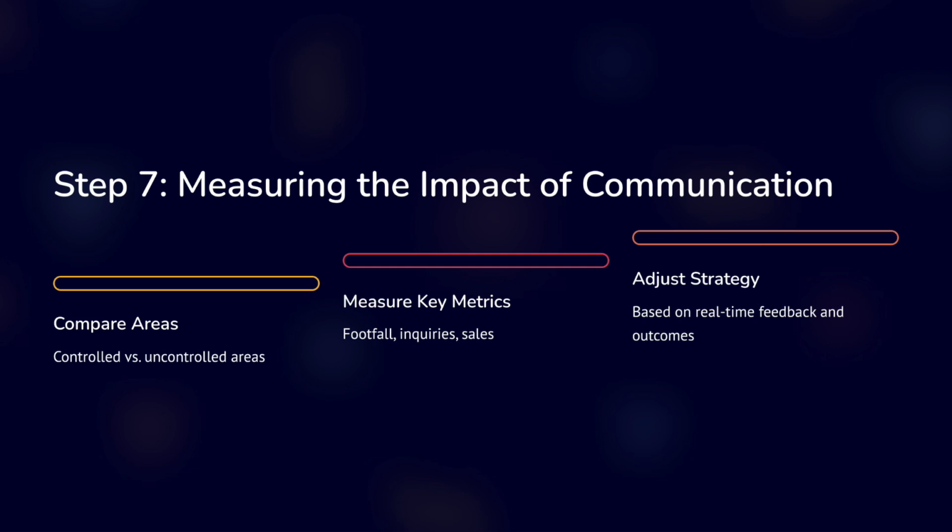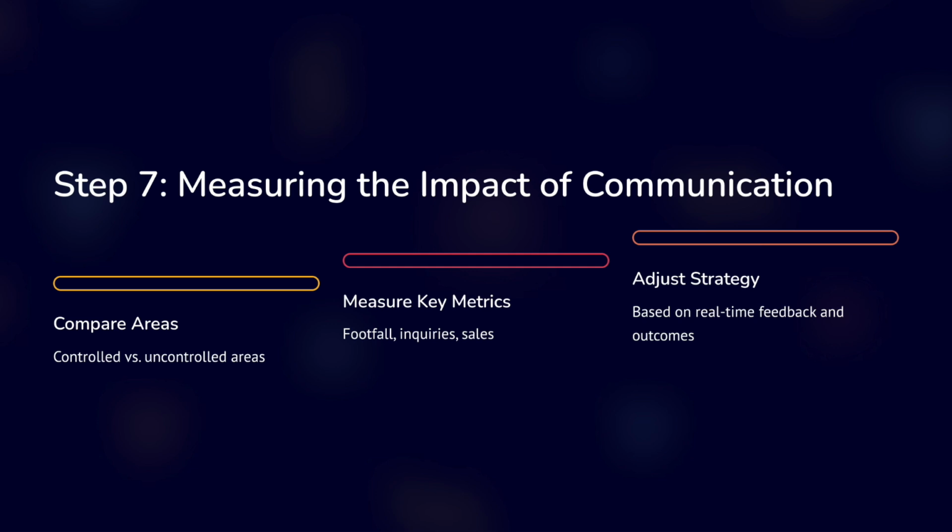A controlled area refers to locations where the marketers have actively implemented their communication or activation strategies during a specific time period. In contrast, a non-controlled area is one where these specific activities have not been done.